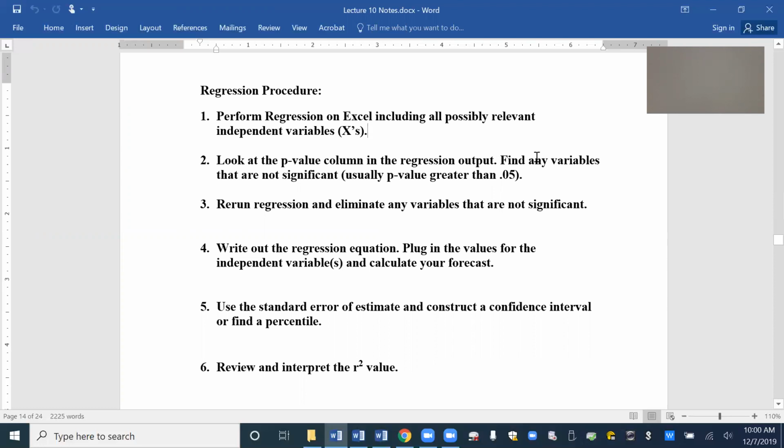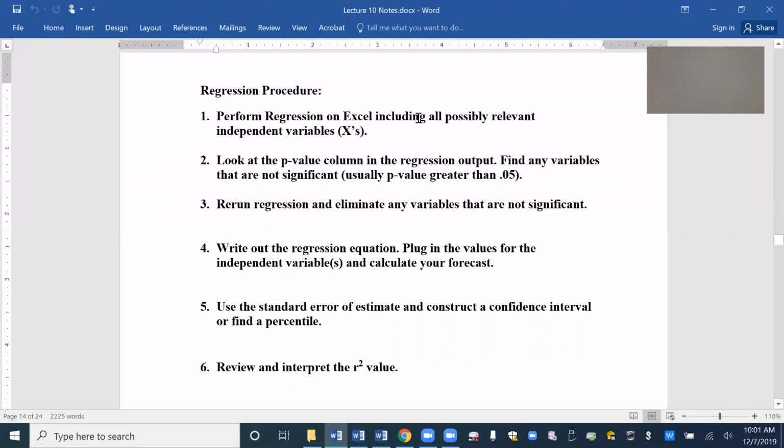Check the p-values. It'll tell you who the winners and losers are, which ones are significant, which ones aren't. Now, if you find some that are not significant, you need to get rid of those. You don't just drop them from the equation. That doesn't work. You must do regression again without them as independent variables.